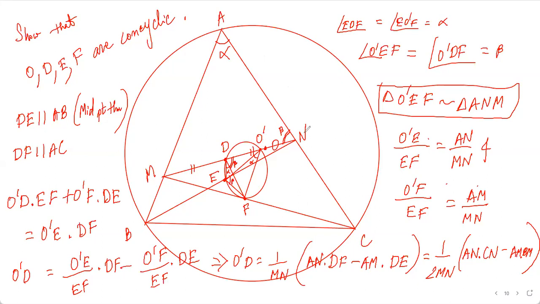Let's work with the point N. By definition, the power of the point is the distance between the center, the center is still O, ON square minus the radius r square, which is equal to, by the intersecting chords theorem, negative of AN times CN or NC.